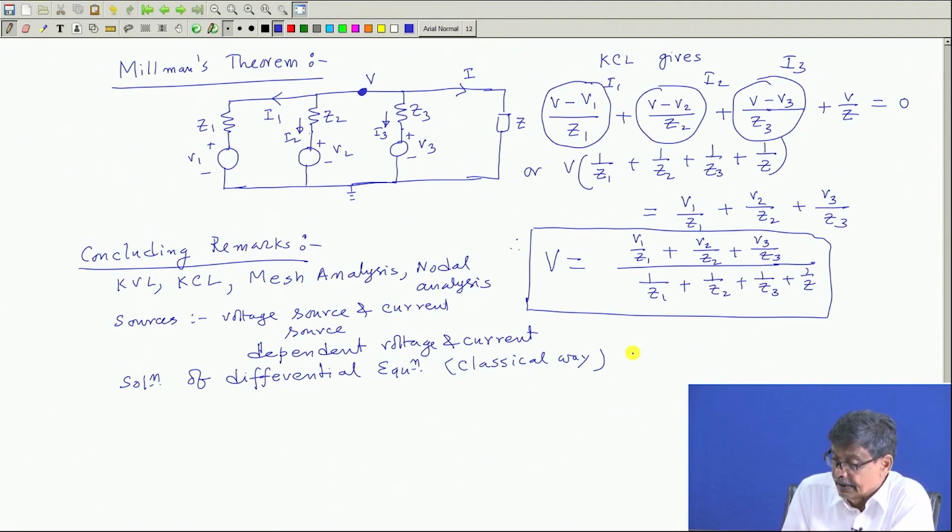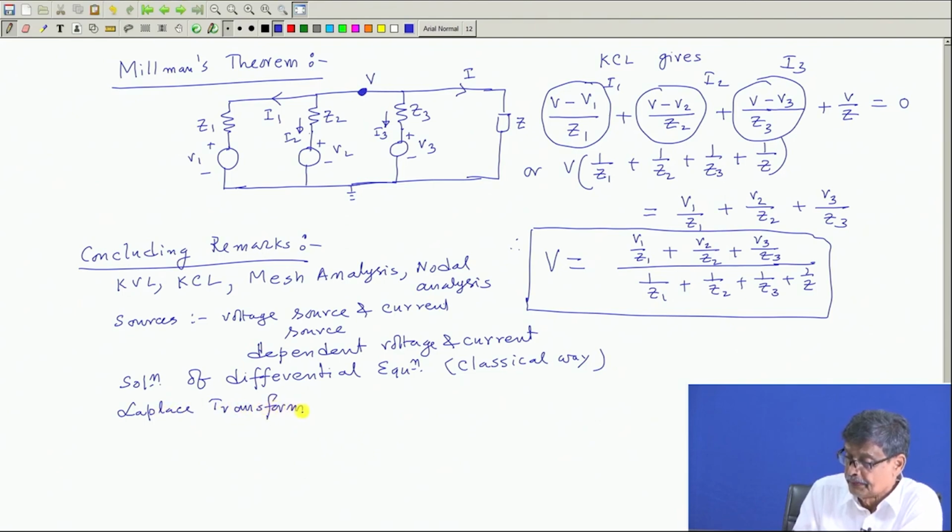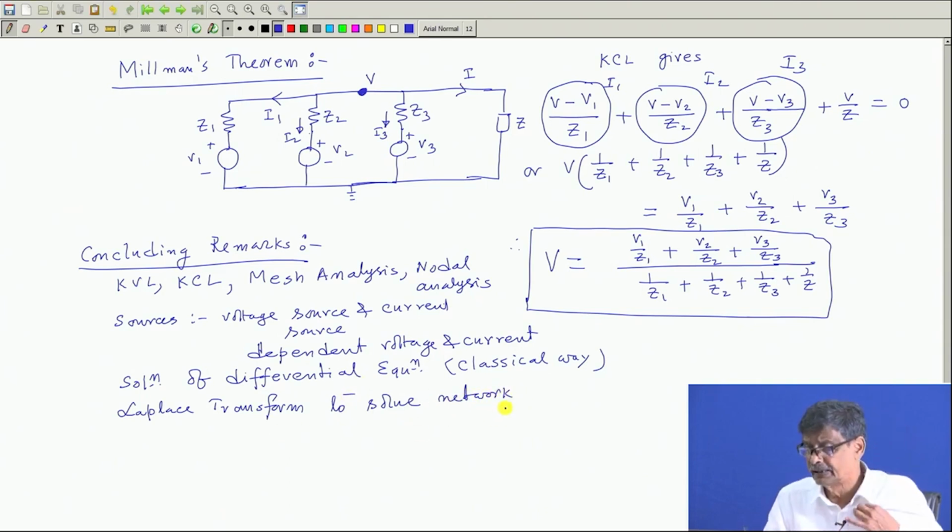Later we found that the solution of differential equations can be replaced by a Laplace transform technique to solve network problems. So, I told some basics of Laplace transform, then several circuits can be solved.